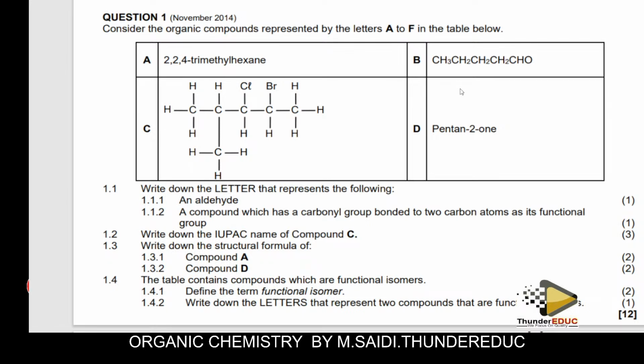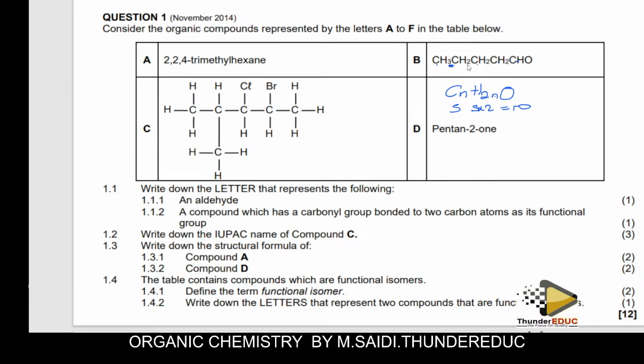Here you have C. We say that you have CnH2nO. If this is 1, 2, 3, 4, 5, so n is 5, and 2n is 10.